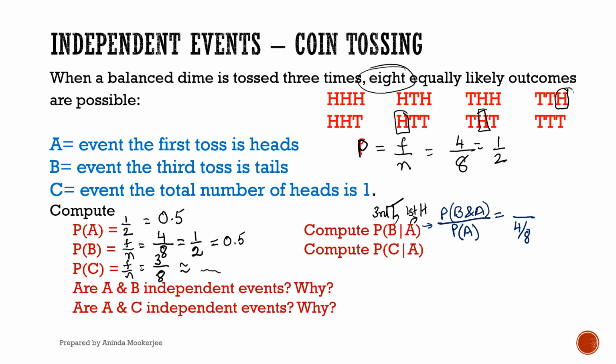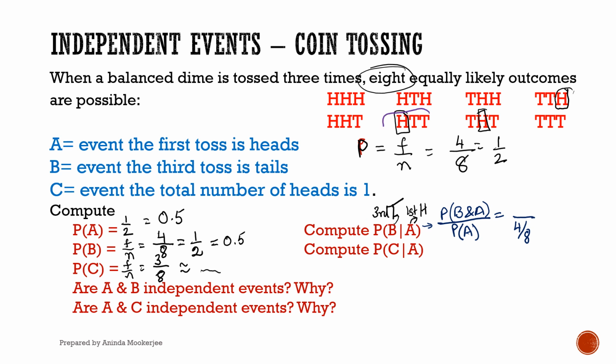Probability of B and A. So how many situations do we have where the first toss is heads and the third toss is tails? So let's go over it. This one doesn't even have a tail. This one doesn't have. So first head, last tail. First head, this one is, right? HTT.